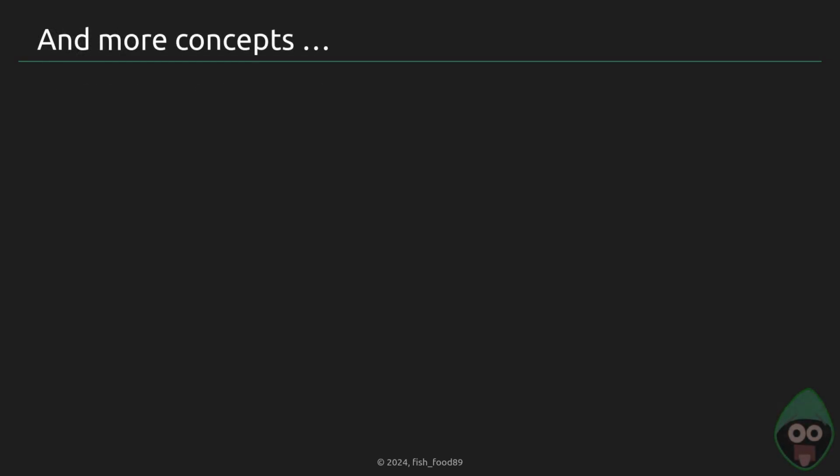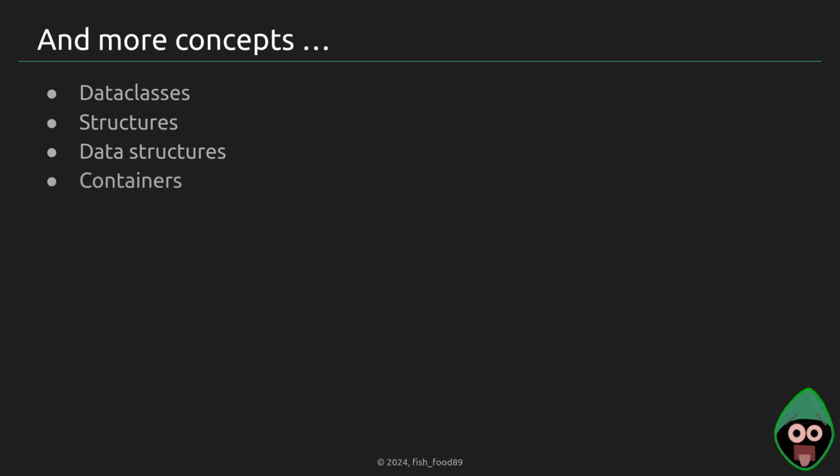And then there are more concepts related here, not strictly object-oriented programming related, but other ways of containing data. As I mentioned, objects are used as data containers. Well, we also have data classes as a concept. Structures is a thing, data structures. Structures and data structures are essentially the same, but you hear them being used interchangeably, so I thought I'd put them both here. Containers contain things, data, and, well, everything is data. Collections and containers are pretty much the same thing.